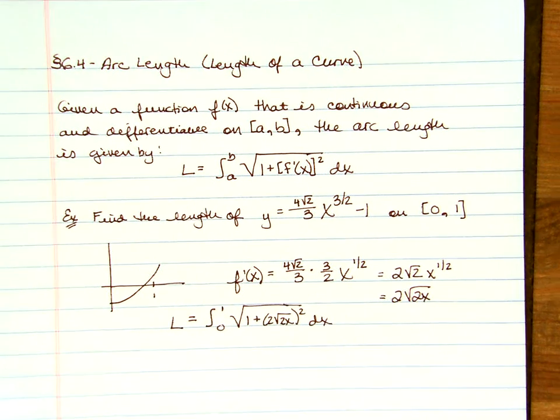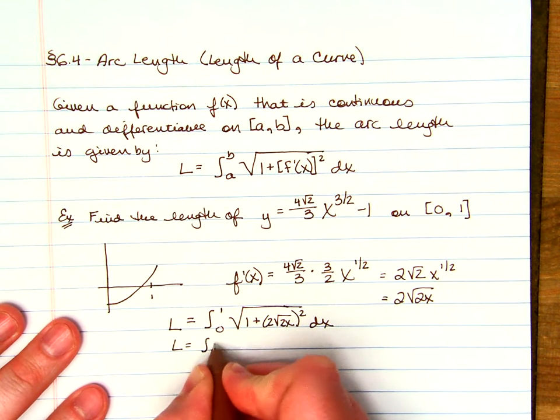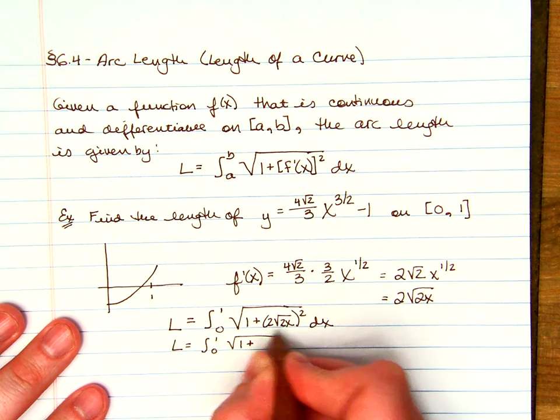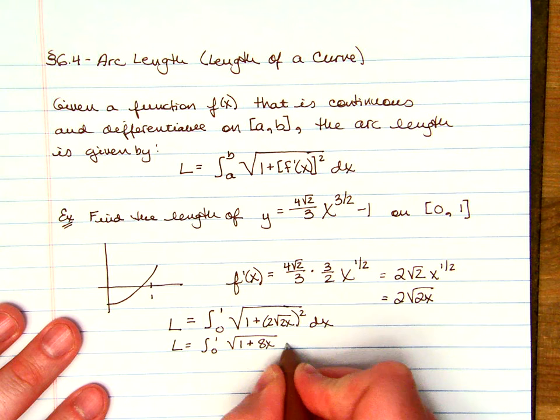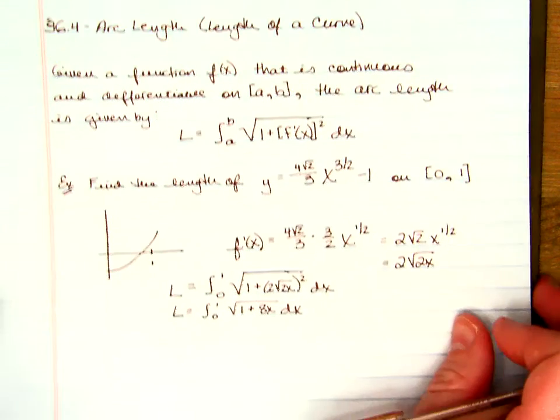Okay, I'm going to clean this up a little bit. L equals the integral from 0 to 1 of the square root of 1 plus 4 times 2x, that's 8x, dx. And this one, we can calculate by just doing a u-substitution. Actually, why don't you take a moment, maybe pause the video, do your u-substitution, and integrate that thing.